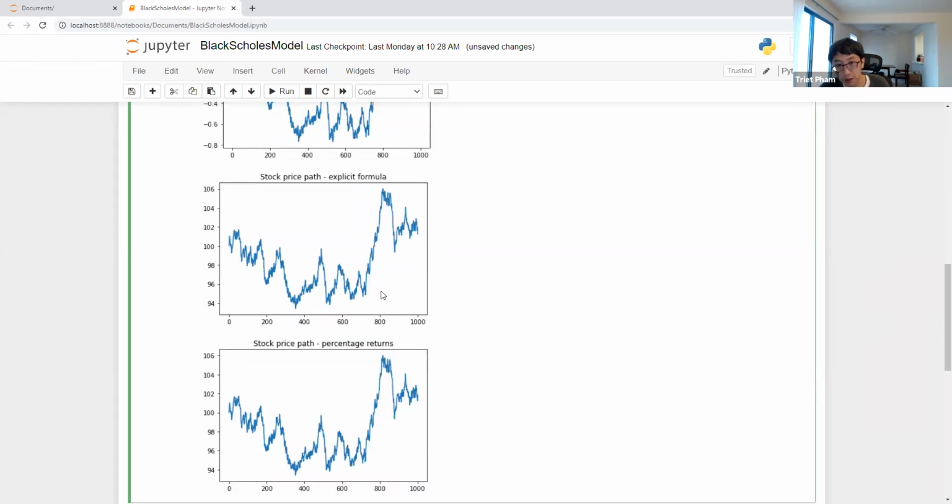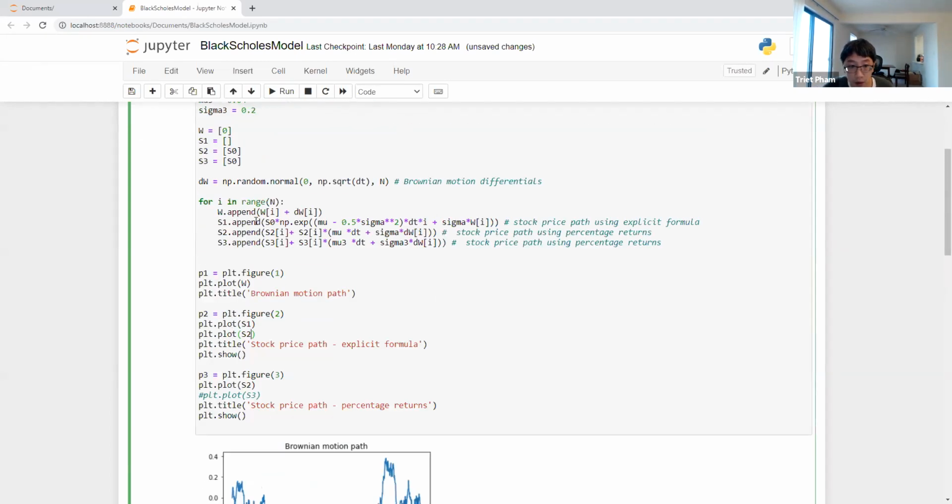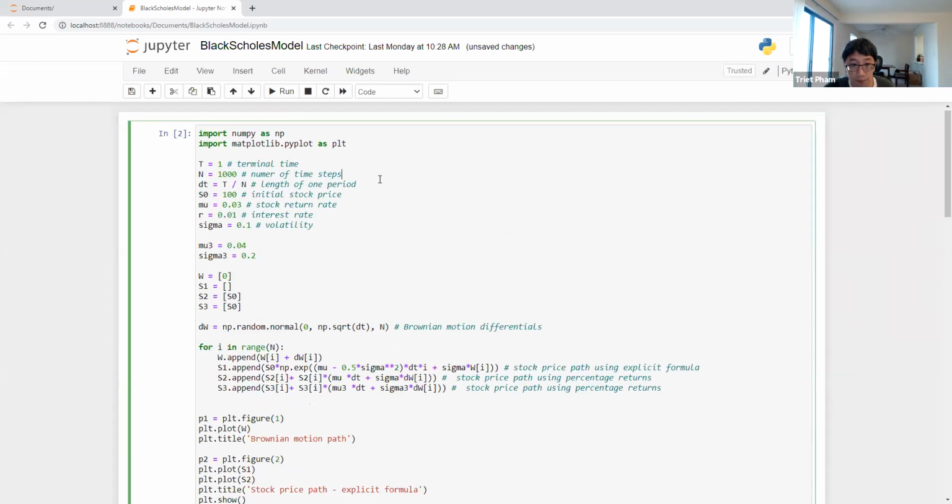Now, do pay attention. The significance of this is I'm not showing you the same graph again. These are two paths generated in two different ways. One is the explicit formula. One is the differential approach. That's where calculus comes in. If your calculus is correct, these two should be similar paths when dt is small.